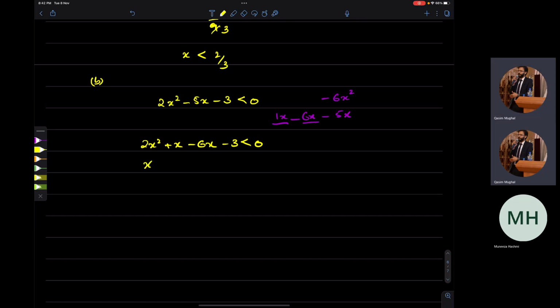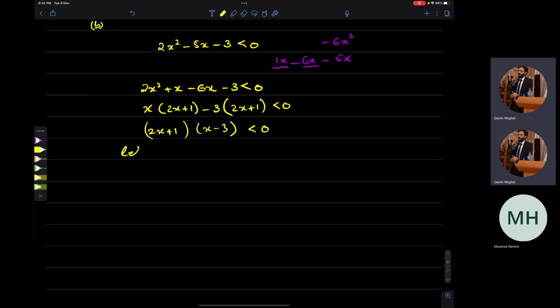Then x is common. 2x plus 1, minus 3 is common. 2x plus 1 less than 0. 2x plus 1, x minus 3 less than 0. Now from here, we're going to say let 2x plus 1 times x minus 3 equal 0.